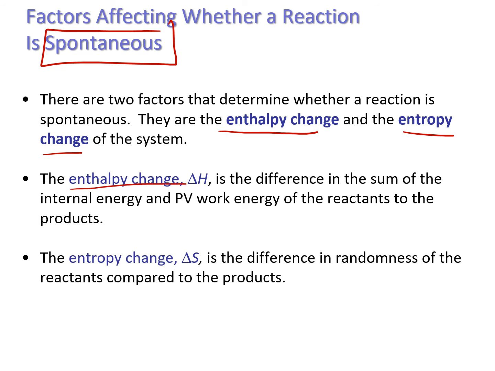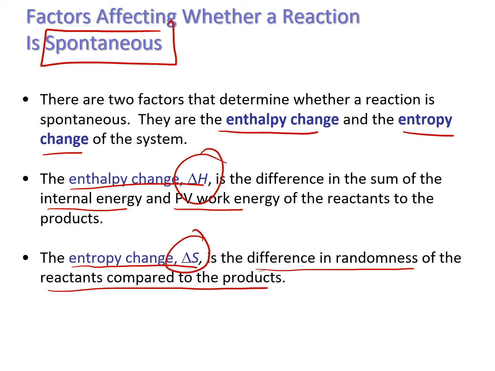Enthalpy change is the overall change in heat. There's a further definition about the internal energy and PV work, but overall just think of it right now like the change in heat related to the reaction. Entropy change is the difference in randomness of reactants compared to products. So these are the two things that affect spontaneity.